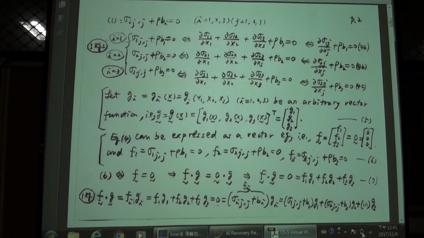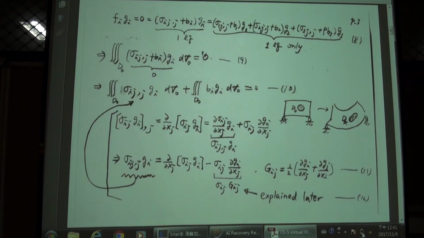Okay, this is one of the magic for the virtual work principle. We turn the equilibrium relation into a single equation. Of course now F_i is just sigma ij comma j plus b_i, just like here. This one we copy it here, and we also can write it in this form.